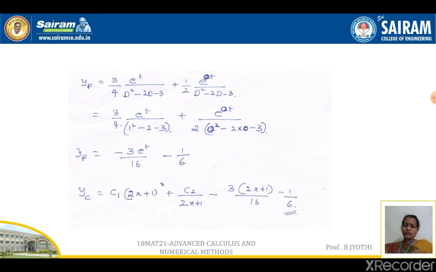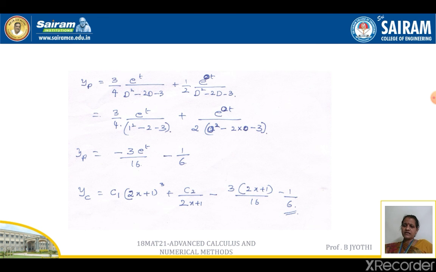Then coming to the yp part, we get 3 by 4 times of e power t divided by D squared minus 2D minus 3, plus half times of 1, actually 1 by 2 is there. So 1 can be written as e power 0t. And when we replace D with the 0, we are getting only minus 3 in the second part.